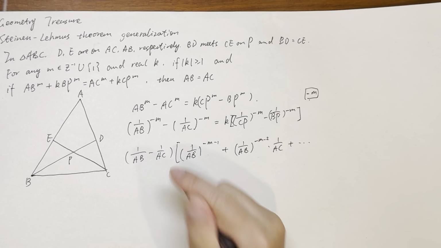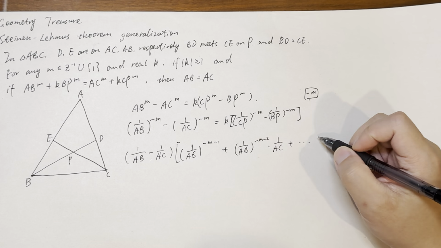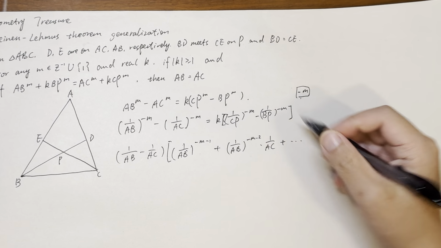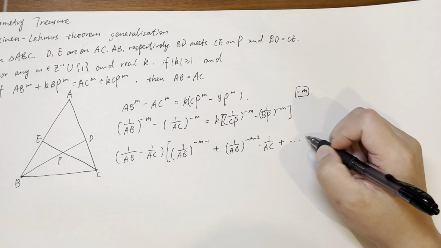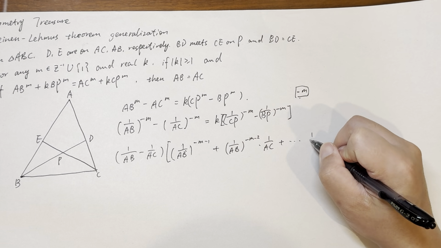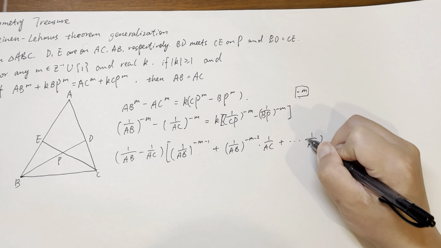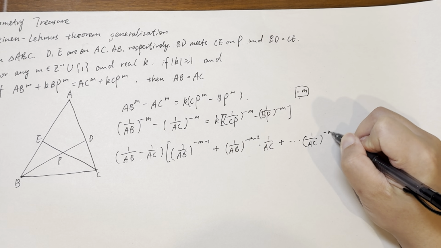We basically just expand this one all the way down to 1 over AC to the power minus m minus 1.